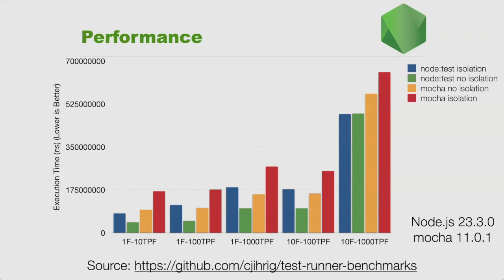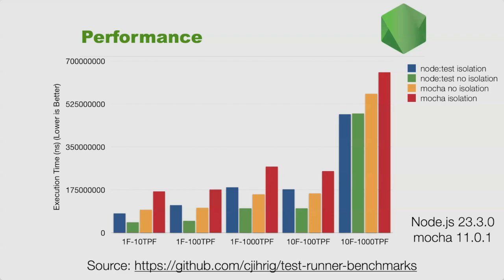What you'll see here, the bars are just execution time in nanoseconds, so lower is better. The two on the left, the blue and the green, are what I'm hoping are going to be the lowest. The benchmark names here, 1F and 10F, stand for the number of test files. And the 10, 100, or 1000 TPF is tests per file.